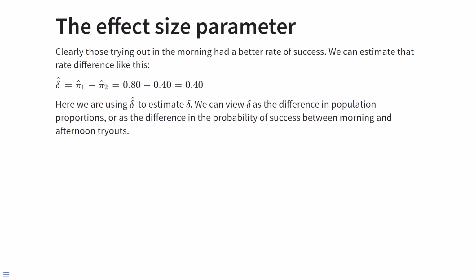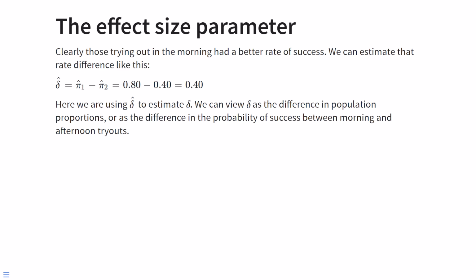So delta hat is estimating what we could conceive of as a parameter, and that parameter would be the difference between pi 1 and pi 2 without the hats.